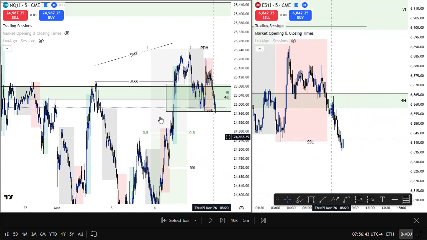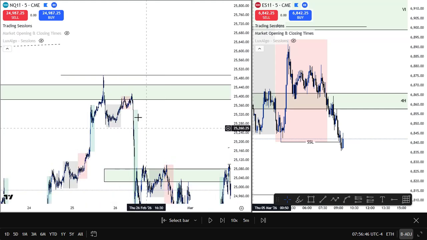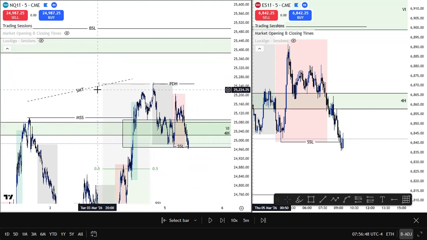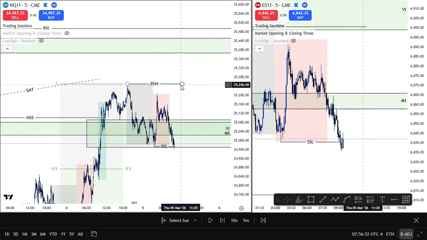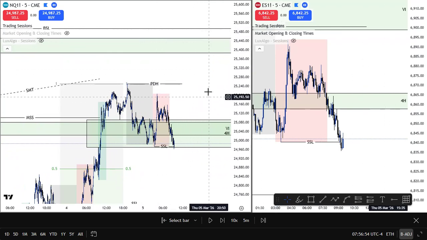I also know that there's a lot of fair value gaps here, 4 hour time frame fair value gaps, right? So that's exactly the main reason why I expect price to deliver till this previous day high, and I don't really expect price to go all the way up till this buy side.